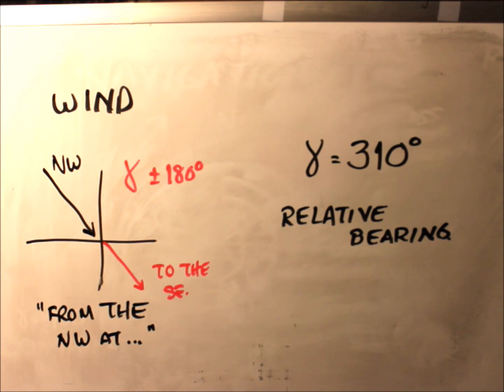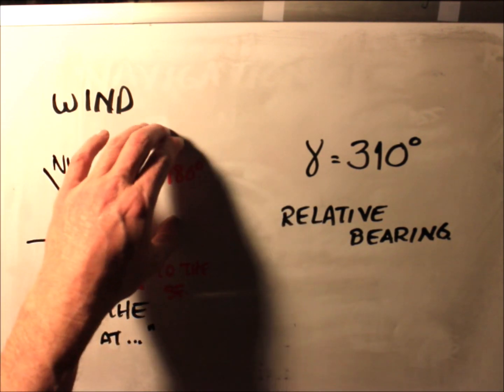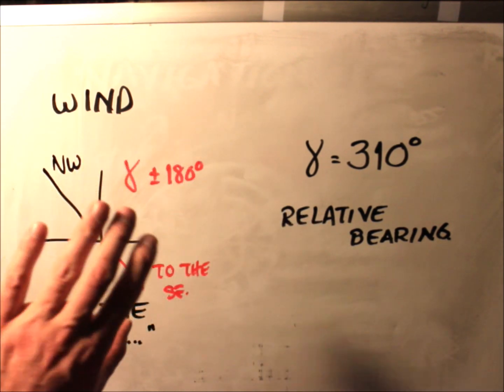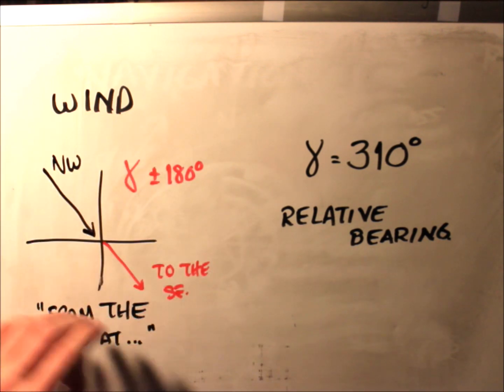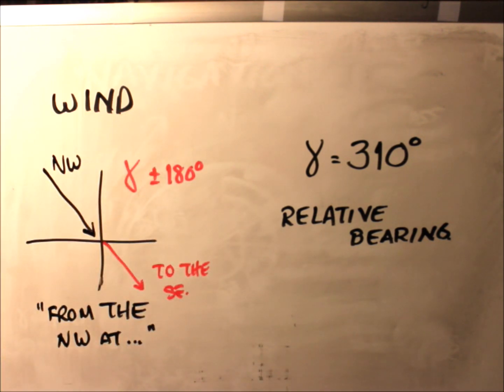So again, none of this is difficult calculation. You just have to be aware of what's going on. If you get a wind direction, you're first going to convert it by 180 degrees. Then you're going to convert the bearing, whatever it is. In this example, it would be 135.